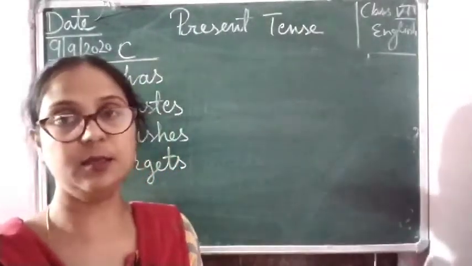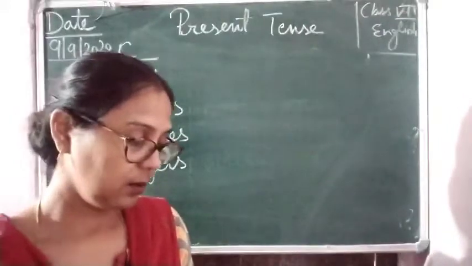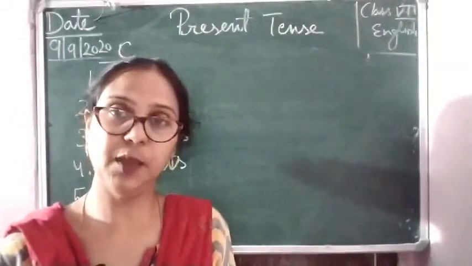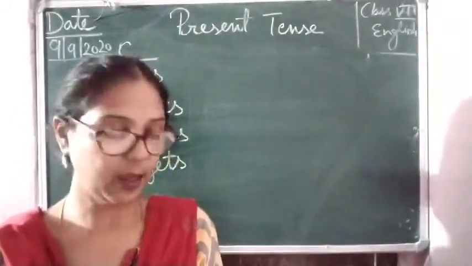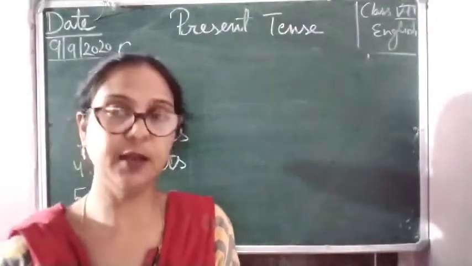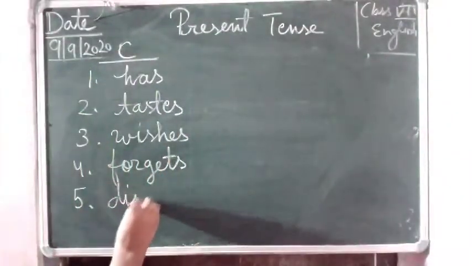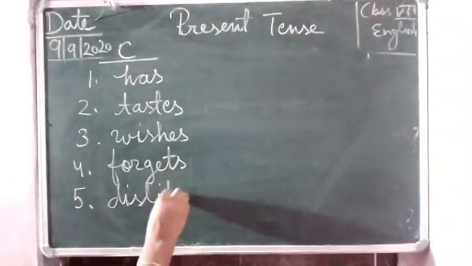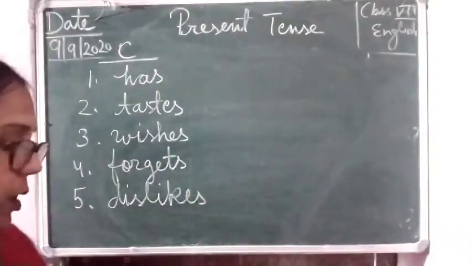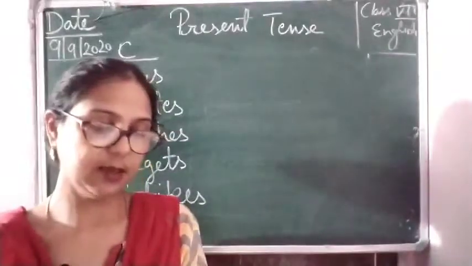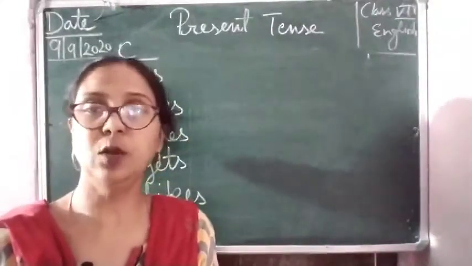So now it is showing the person's behavior. That is why we are going to use over here dislikes. Naman dislikes his new classmate.